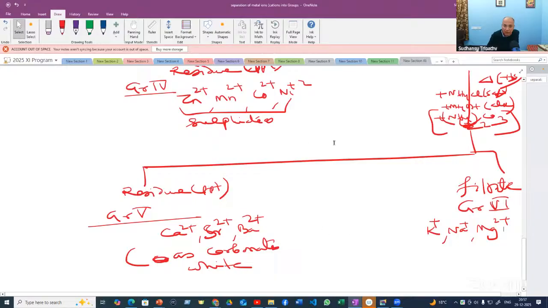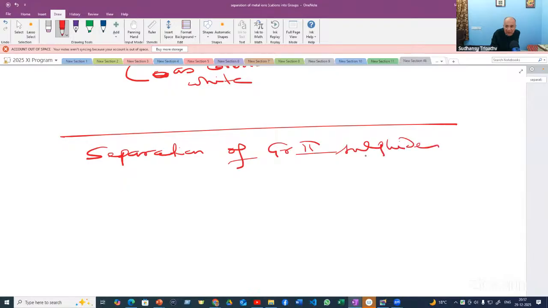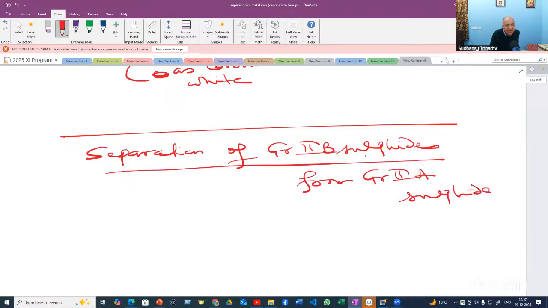Now, before we close, first the separation of group 2B sulfides from group 2A sulfides. There is no binding that you start first with group 1 precipitate.